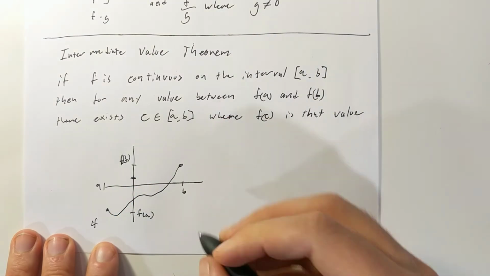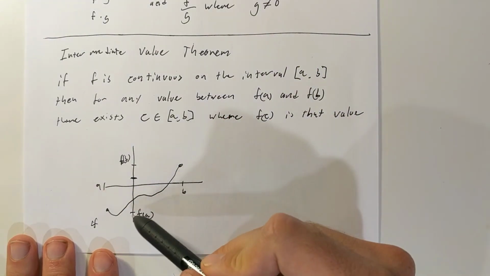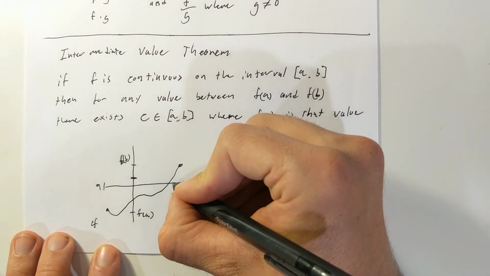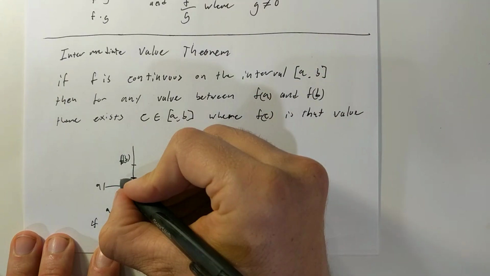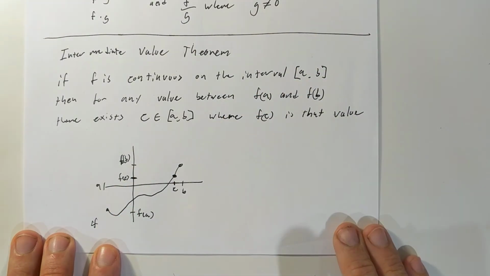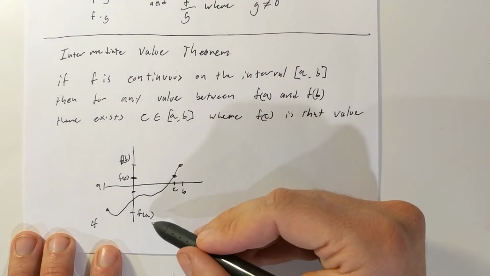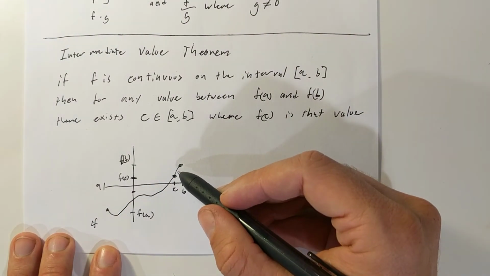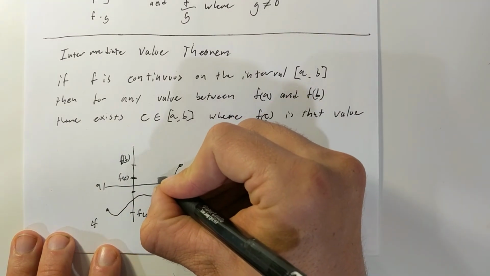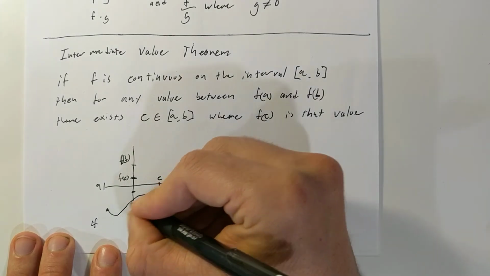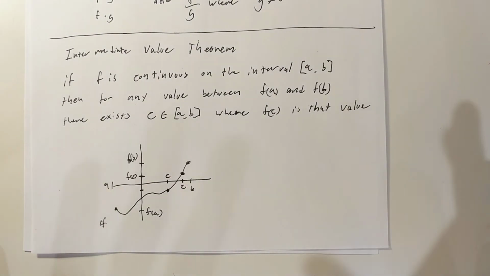If I pick this value right here, there has to be a c such that f of c actually hits that value. So if I pick this value somewhere in between f of a and f of b, there's got to be some c such that that value actually lies on the function.